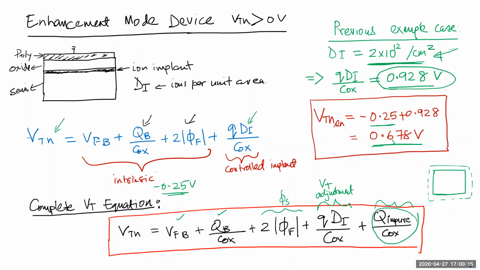Whatever is the impurities trapped inside the oxide, plus there is an impurity which is called surface state trapped charges, that is at the interface. So it's right here at the oxide and P substrate interface. So oxide and P-type interface. These are called the interface trap charges. Okay, they're called surface state.